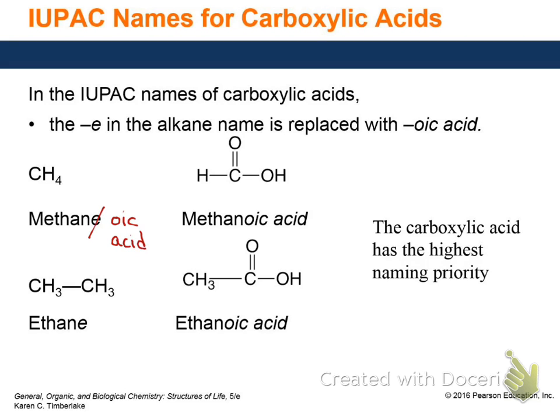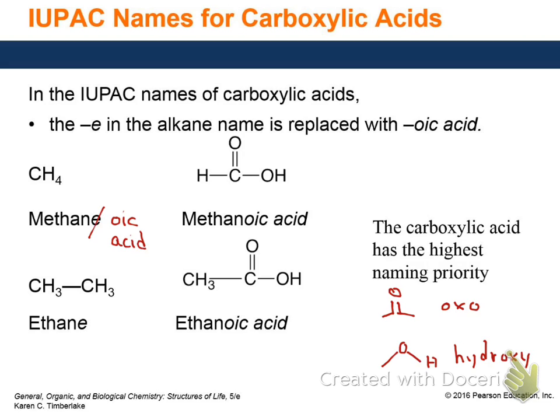Carboxylic acids, though, you have to be careful now, have the highest priority of any of the functional groups that we've encountered, and I think they're the highest priority in the entire list. The implication of that is if you have a ketone in there, it becomes an oxo. And if you have an alcohol on the chain, that becomes a hydroxy.